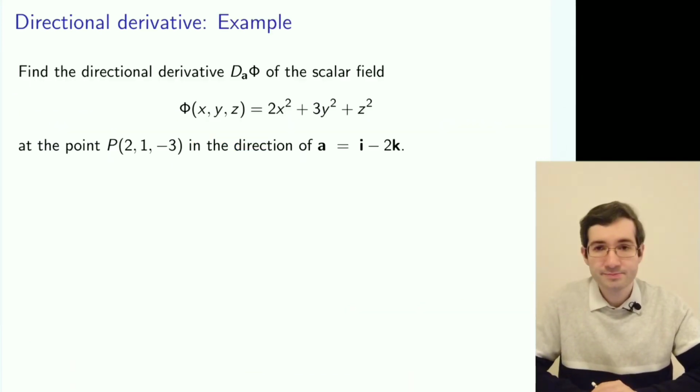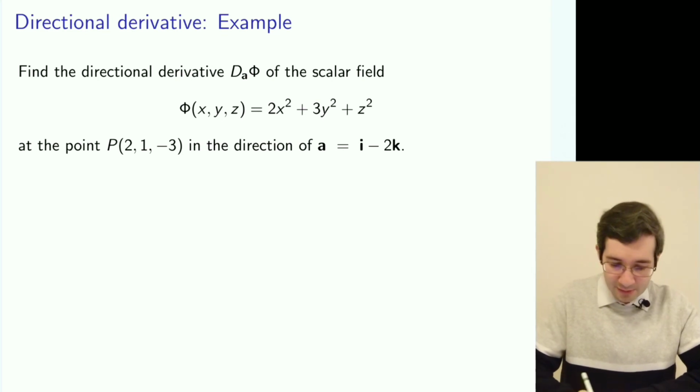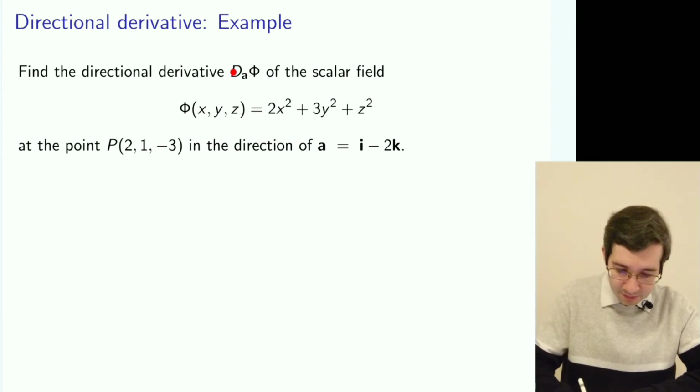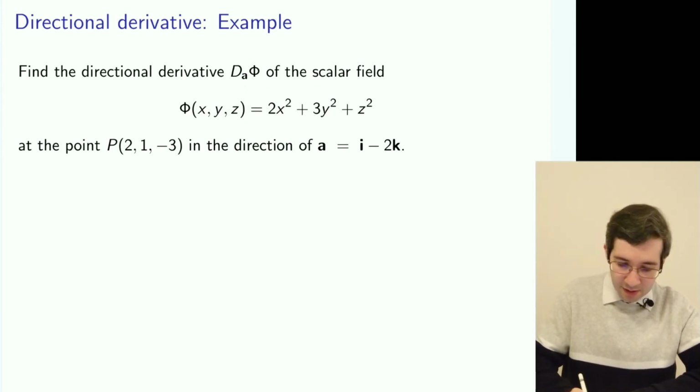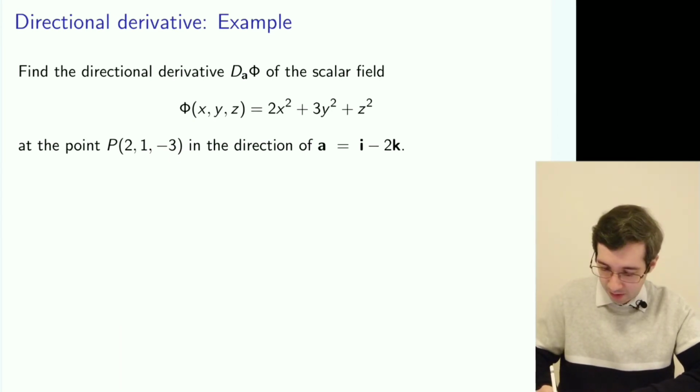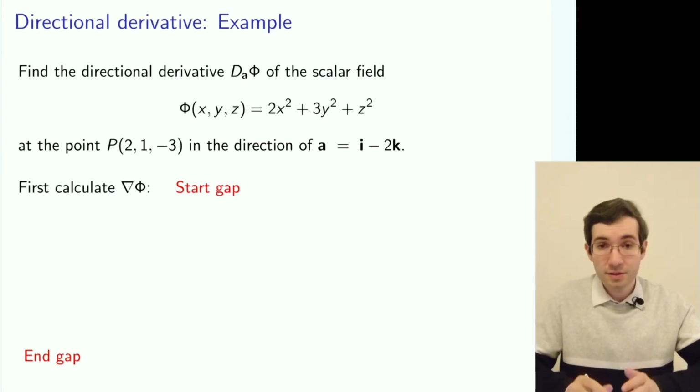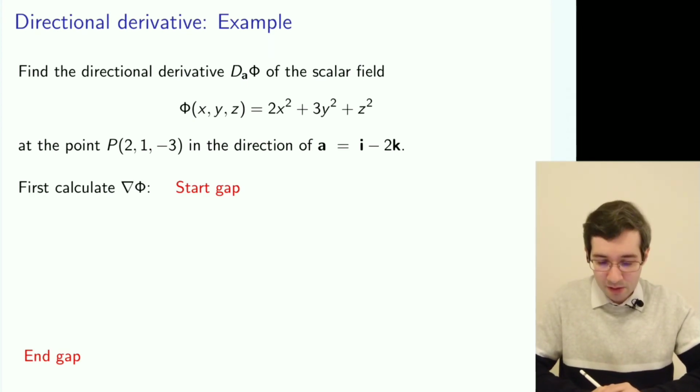Let's look at the example. Somebody gave us a scalar field and asked us to compute a directional derivative of that field along that direction at a point P with the components 1, 2, minus 3. So let's again use the definition, and the first bit of the definition is the gradient. So let's compute the gradient.